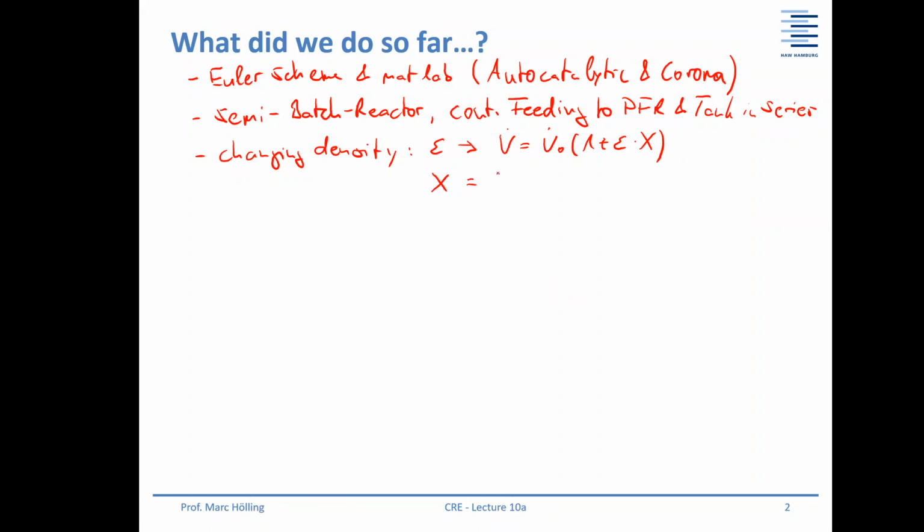So X is n dot A0 minus n dot A divided by n dot A0. We used the conversion a lot, in the CSTR and also in the PFR.